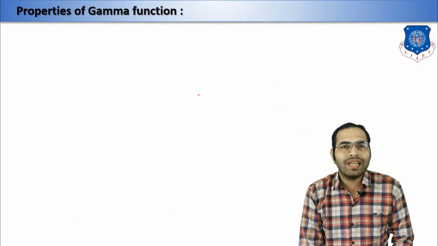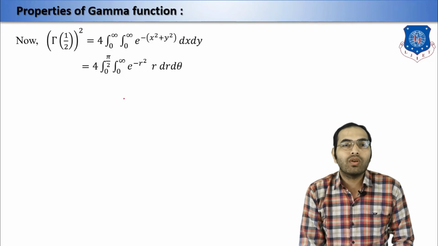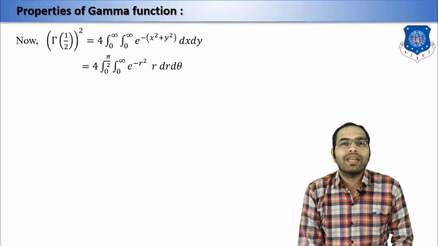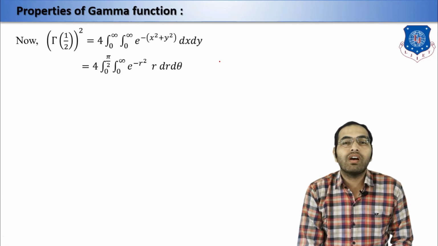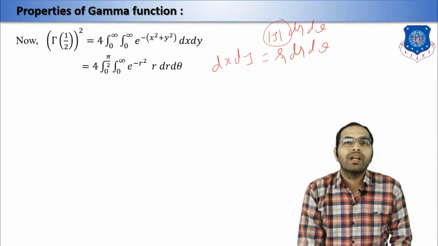Substituting all this in our equation, we get the integral from 0 to pi by 2, integral 0 to infinity of e raised to minus r square into r dr d theta, because whenever we convert Cartesian to polar form, dx dy equals mod J dr d theta, and the Jacobian value is r, which was already discussed in an earlier lecture.